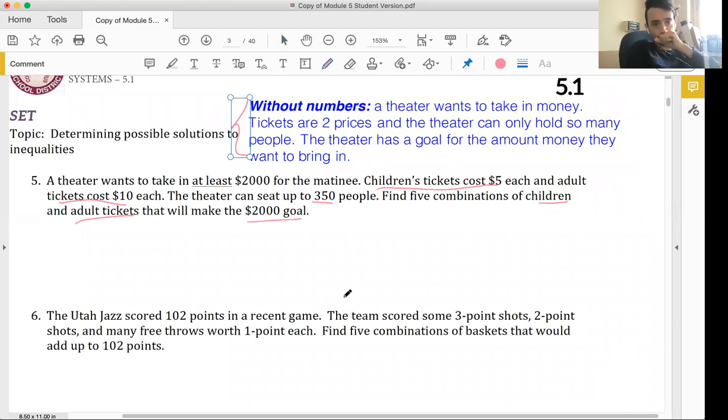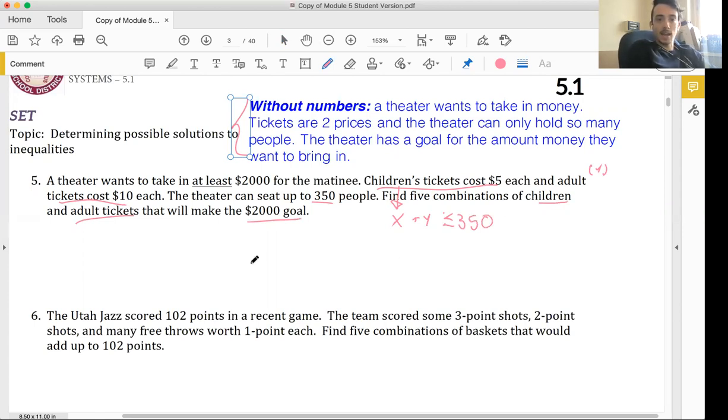All right, well, we honestly have a bunch of ways we could do this. Let's think. We know that if I call X the number of children's tickets, and if I add on Y for the adult tickets, this should be less than or equal to 350.